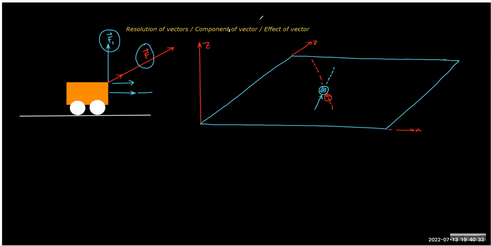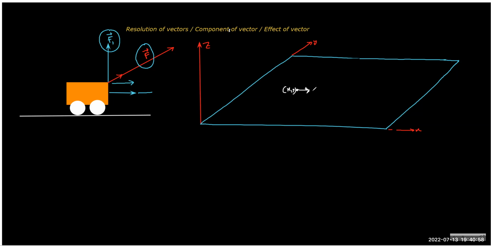Let me remove this part. If something is moving entirely along x, let's say I'm moving in the direction parallel to the x-axis, what will change and what will not change? Tell me. Which coordinate will change and which coordinate will not change?